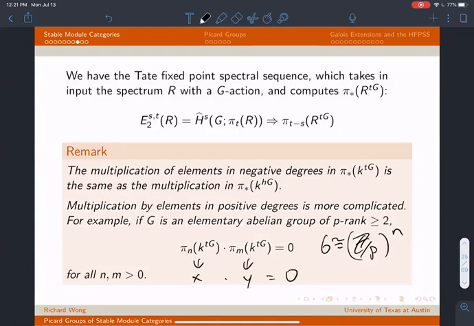So this is kind of a weird thing. It's hard to write down the multiplication, but you can see where it's coming from through maybe this Greenlees spectral sequence or Čech spectral sequence. And you can kind of see how the multiplication comes from this.